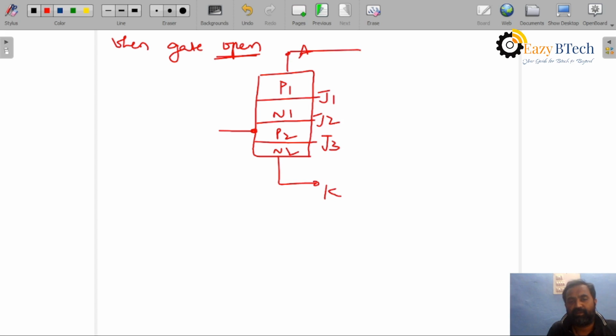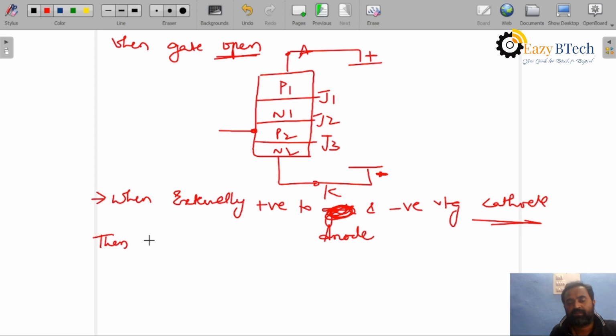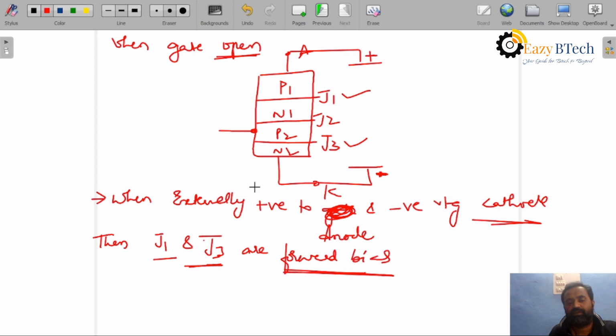When a positive voltage is applied to the anode and a negative voltage to the cathode externally, then the J1 and J3 junctions are forward biased.